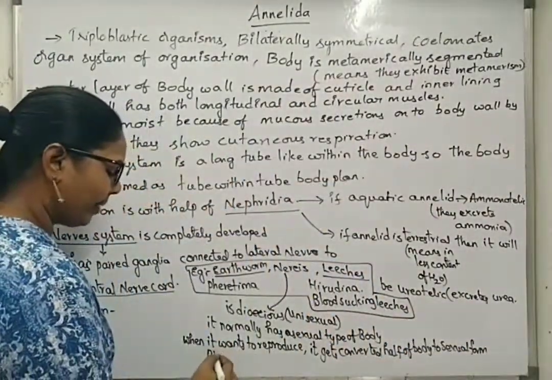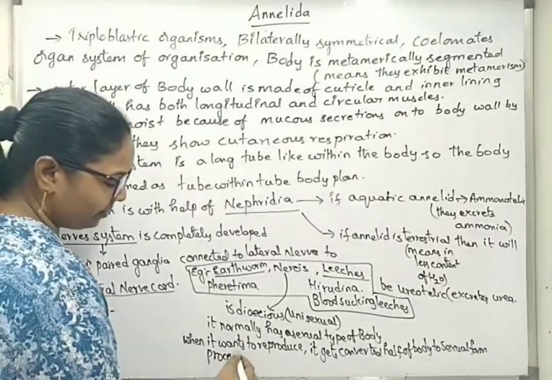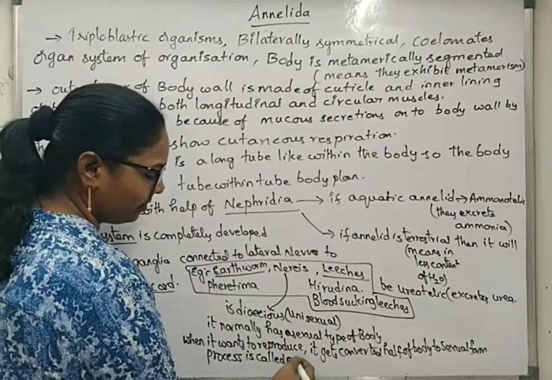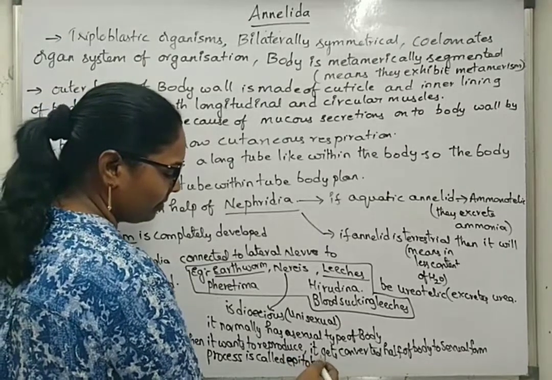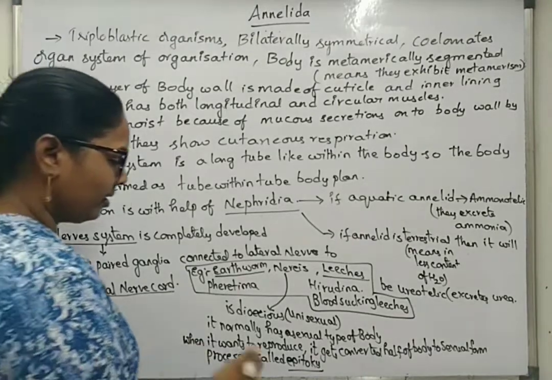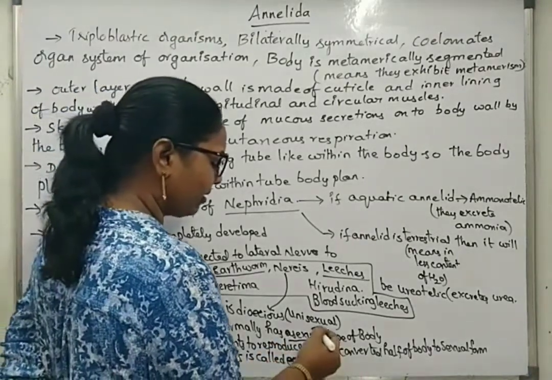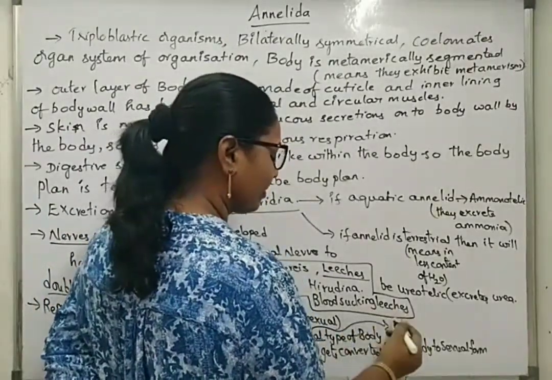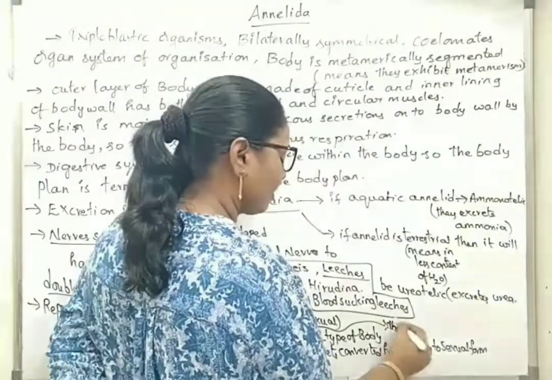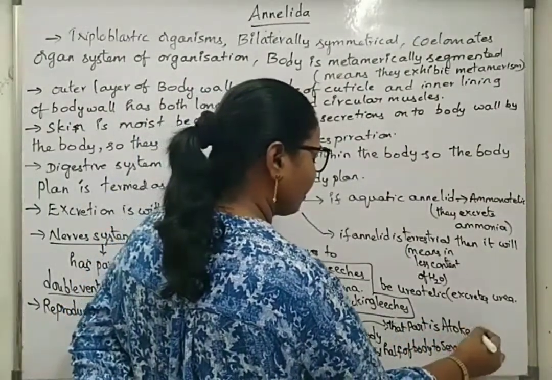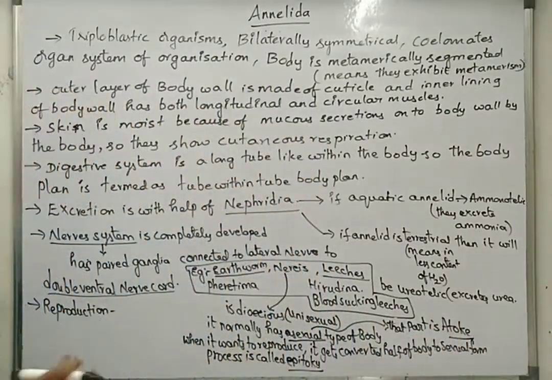This process is called epitoky. The asexual part of the body is termed atoke, and the sexual part of the body is called epitoke.